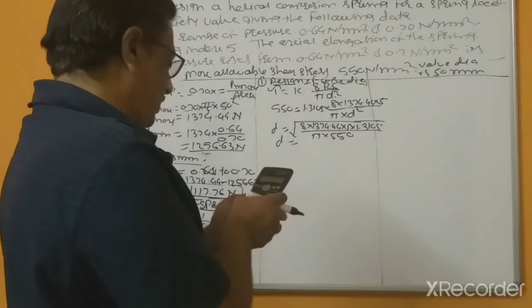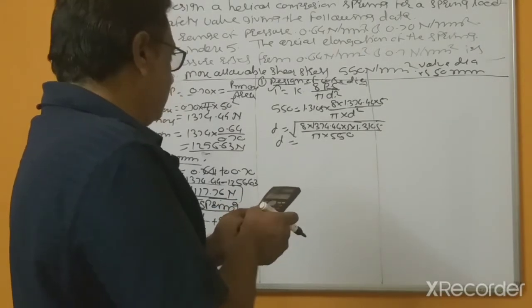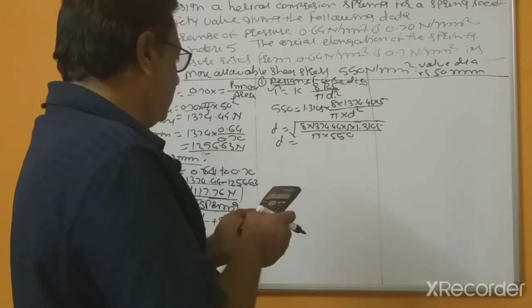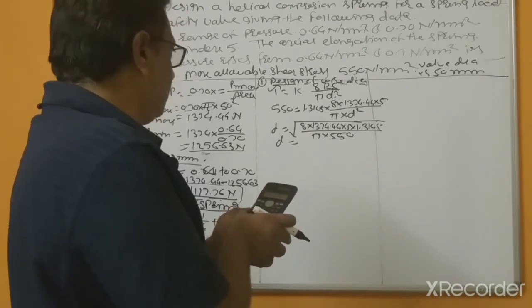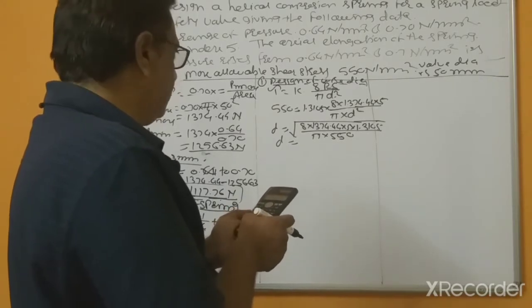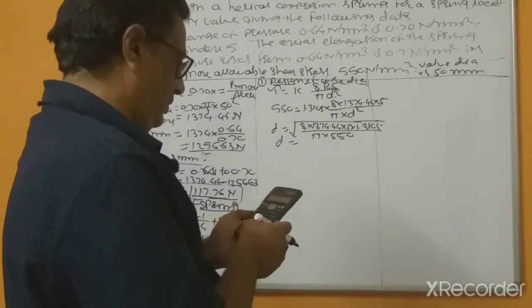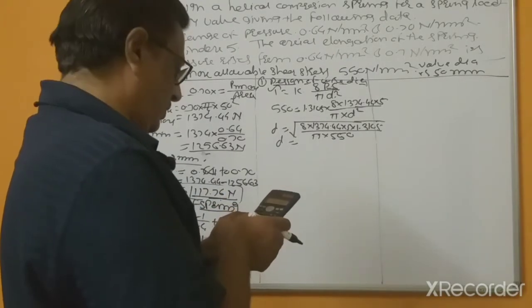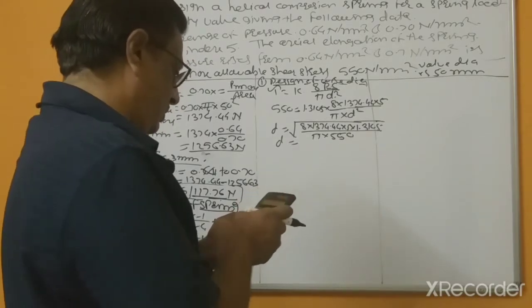Maybe there is a mistake, because I am getting very small values. Multiplied by 1.104, multiplied by 8, divided by 550, divided by pi.